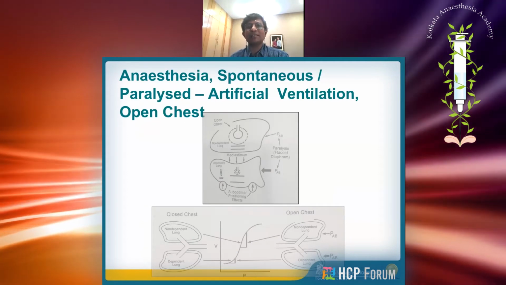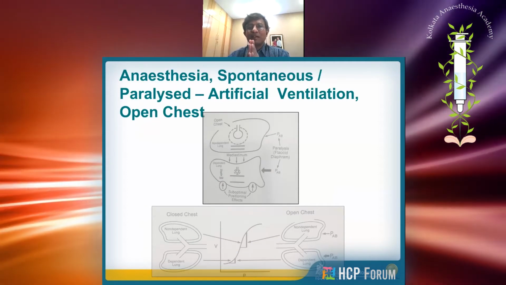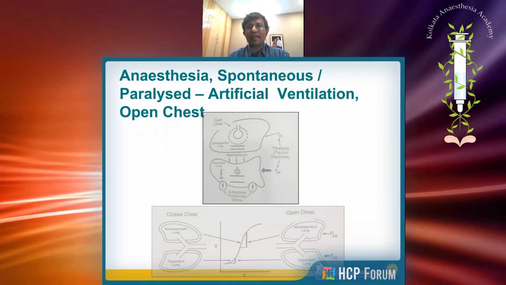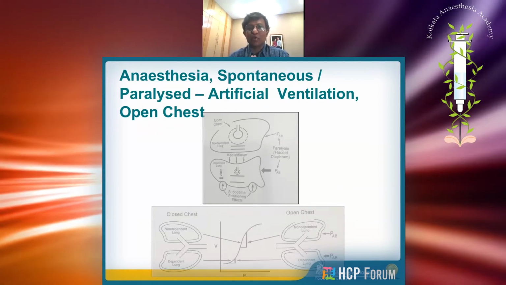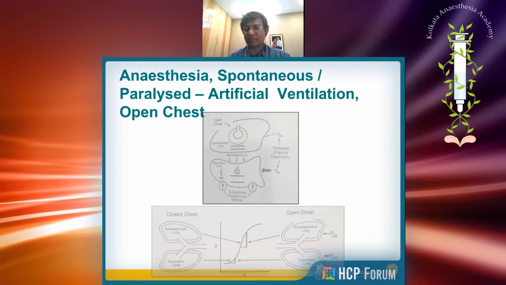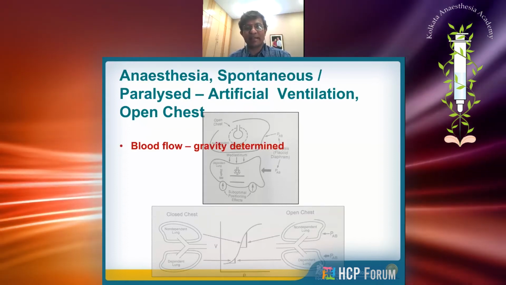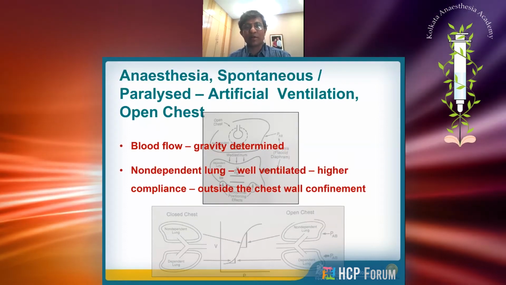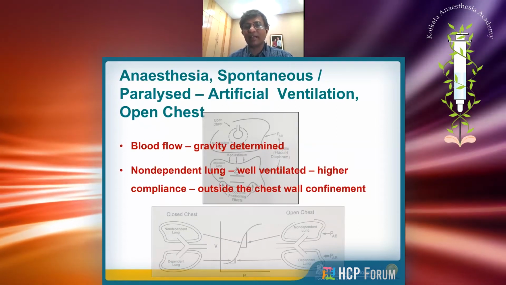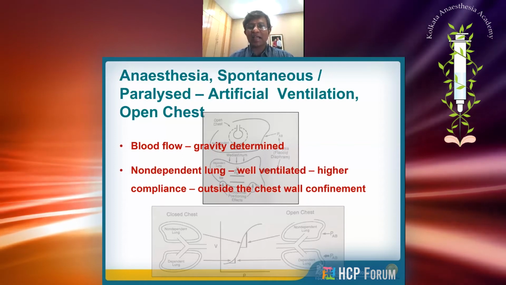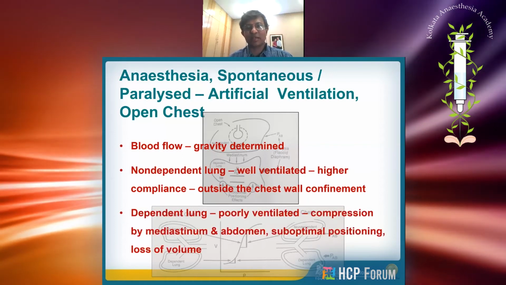To summarize what is happening, whether spontaneous or paralyzed with artificial ventilation in an open chest in the lateral decubitus position: the blood flow is gravity dependent. It does not change with or without anesthesia. The non-dependent lung is well ventilated and has a higher compliance because it is outside the chest wall confinement.